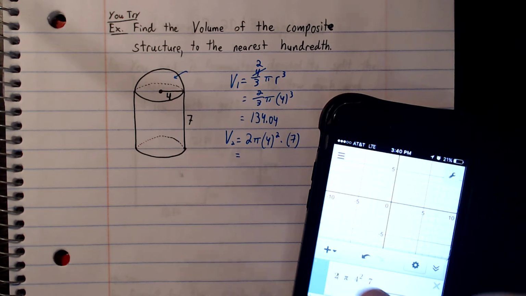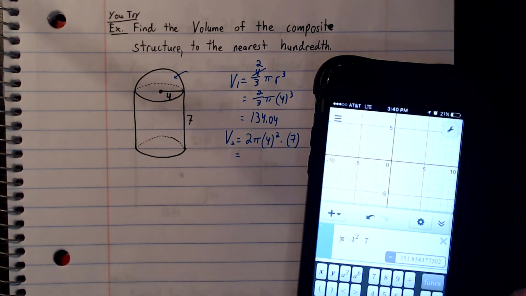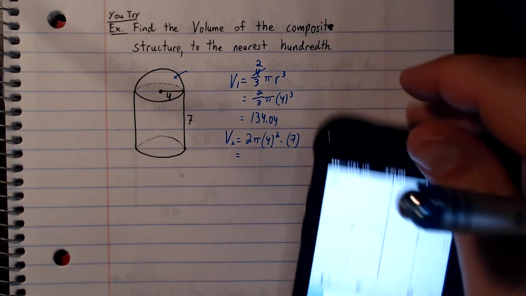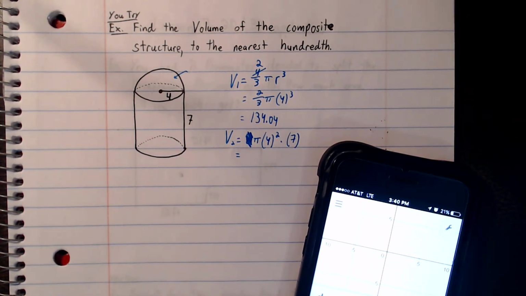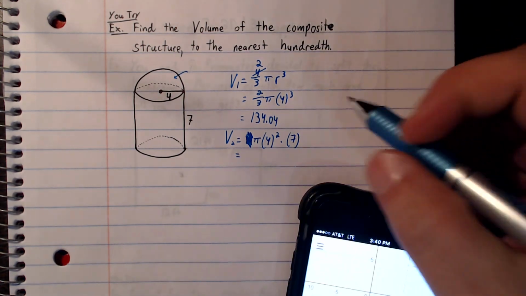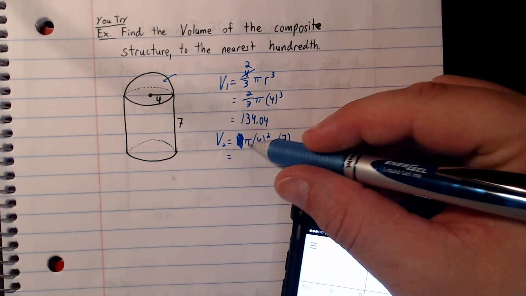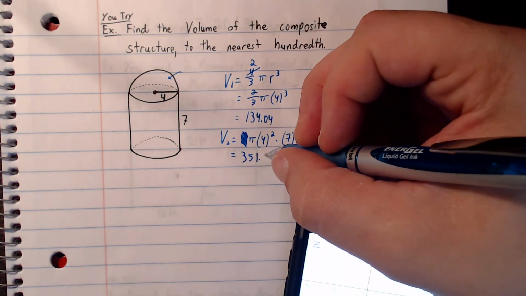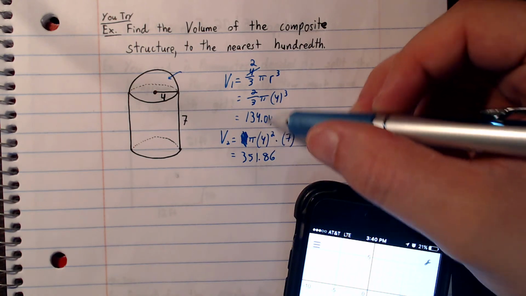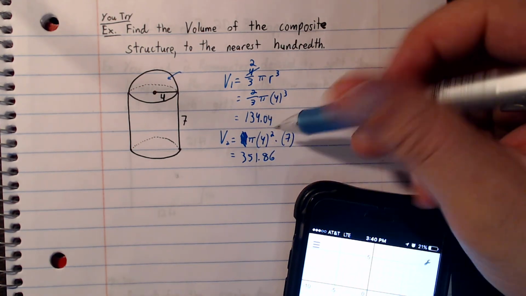Oh, I don't think I need the 2 in there. Sorry. I don't need this 2 in here, my mistake. That's what I get for trying to memorize these formulas. Anyways, so 16 times 7 times pi, that's 351.86. Then if we want the total volume, we have to add those together.